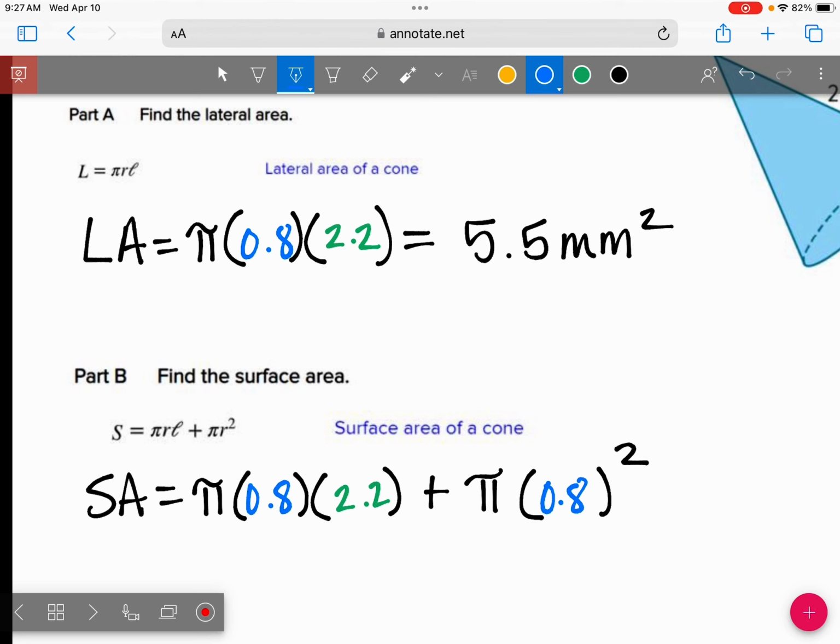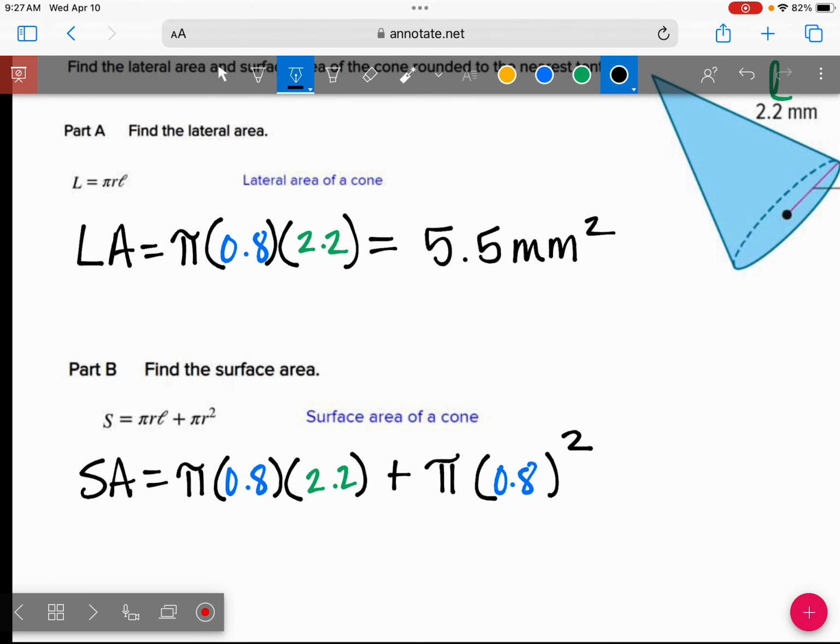All right, go ahead, type that in. All right, and you should get 7.5 millimeters squared.